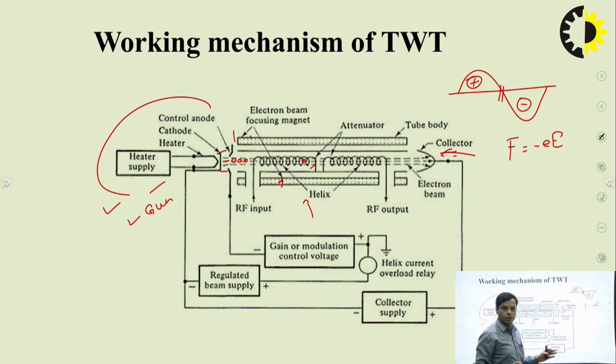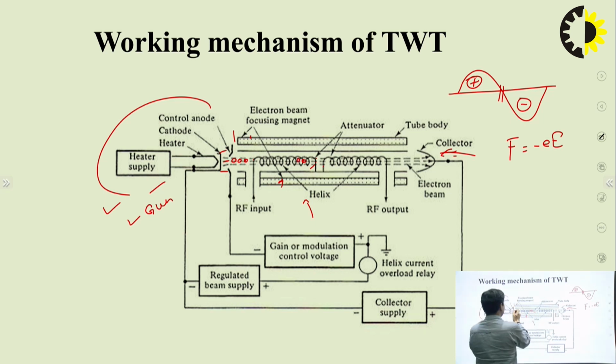The velocity is unchanged and it travels through the helix structure at its usual speed. The first one's speed was reduced, and this one comes with the same speed but after some interval. So the gap will reduce.